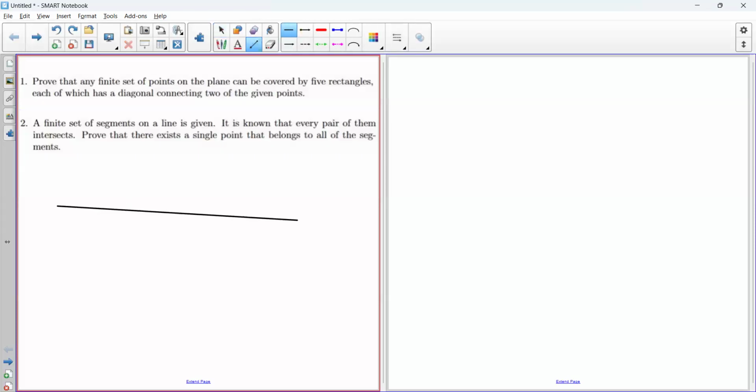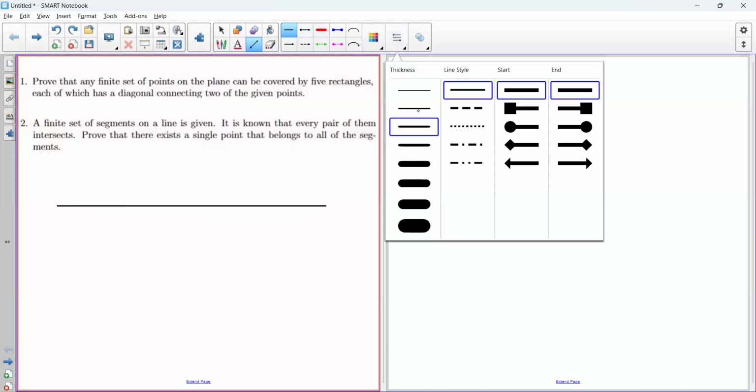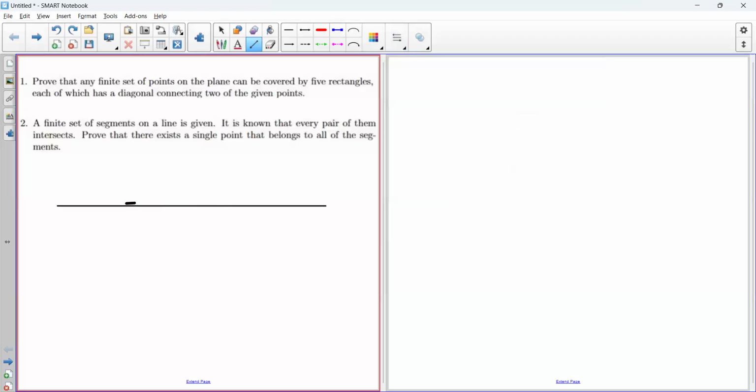Yeah, we have this straight line and the segments. So I draw it like this, but in reality they are like line one on another.